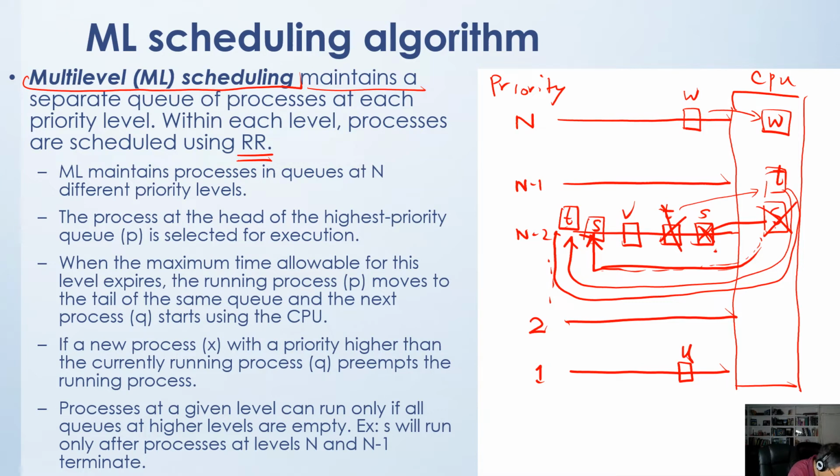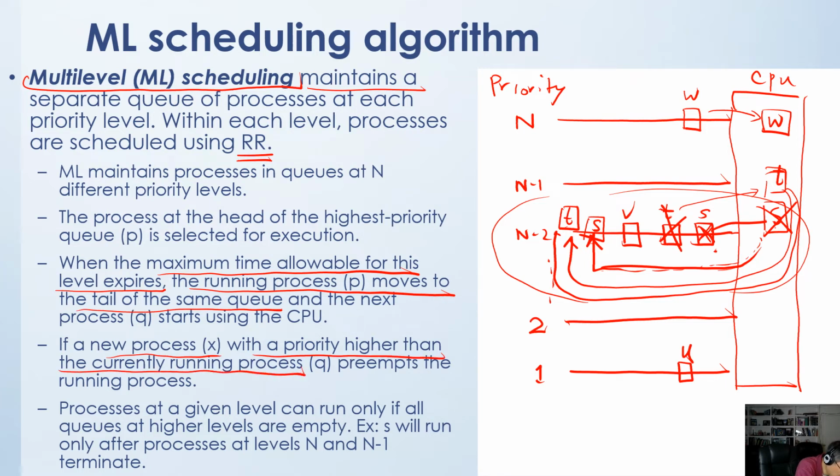And then the ML scheduling algorithm is going to load W into the CPU. Okay, so that's the multi-level scheduling algorithm. When the maximal time allowable for this level expires, the running process moves to the tail of the same queue. So that's what we have seen here. And if a new process has a higher priority than the current running process, it preempts the running process.